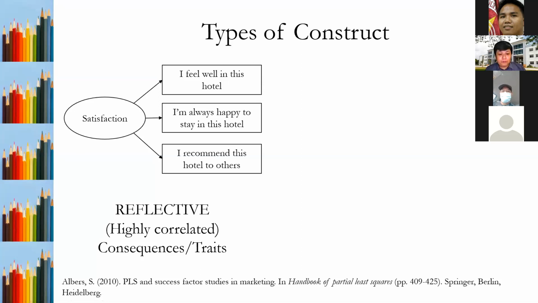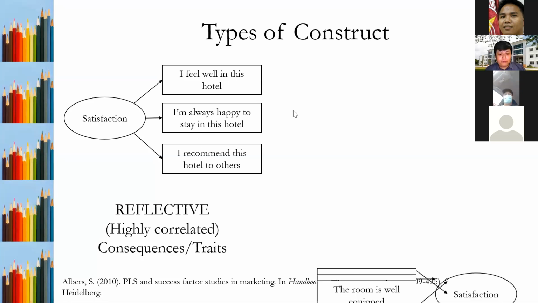Most probably his answer is also 5. Why? Because if he feels well in the hotel and he's always happy staying in the hotel, there's a high chance he will recommend it. So you will see these items are highly correlated. So satisfaction here was measured reflectively. That is a reflective construct.